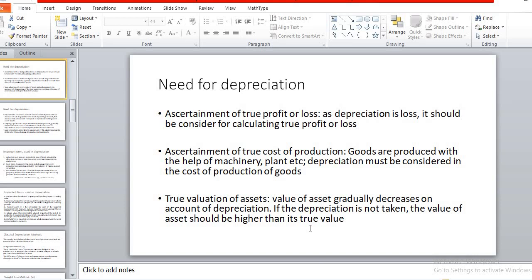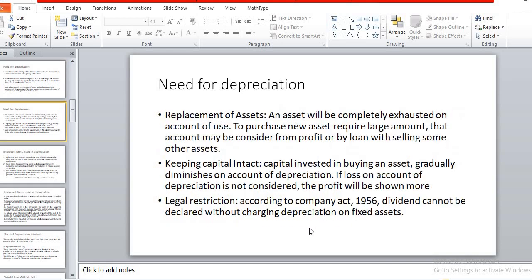If we do not consider depreciation, after some years we would reflect that the building cost is the same as at the beginning. It is not possible. So that consideration is made by depreciation. This is the true valuation of assets. We require this depreciation concept.